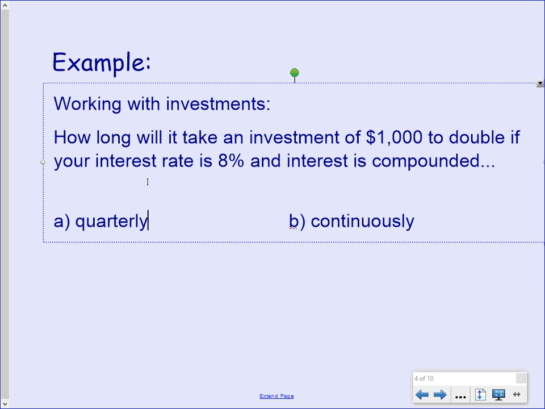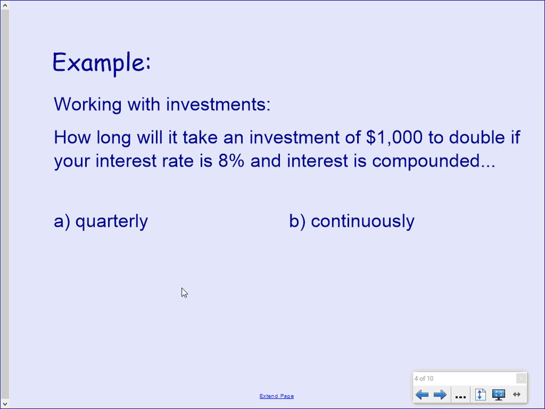Okay, well, that's calling on my knowledge of my compound interest formulas, which you should know for Thursday, so make sure that you're studying those. If I read that problem, how long will it take an investment of 1,000, that's my P, to double?